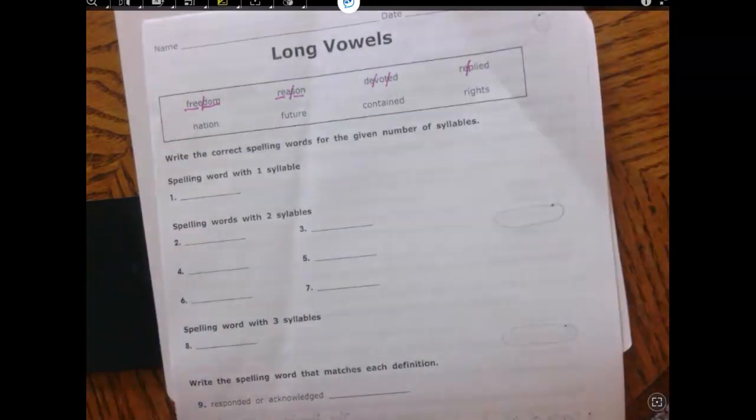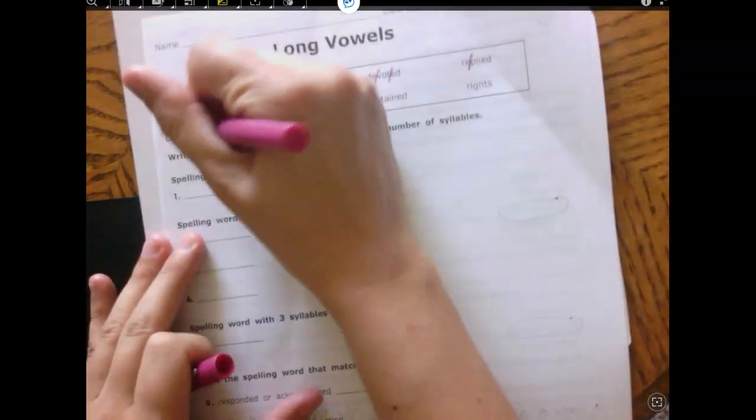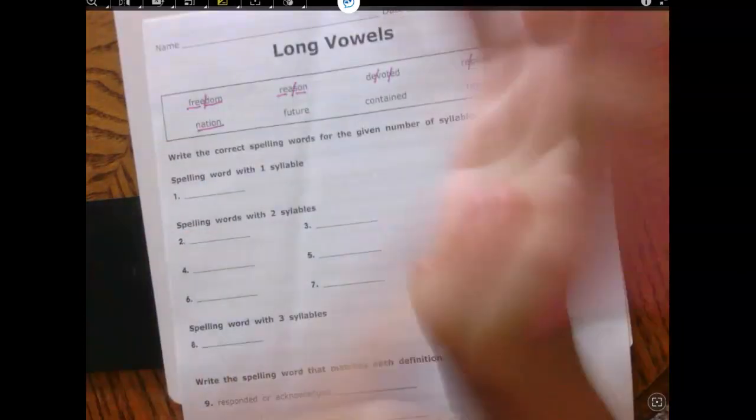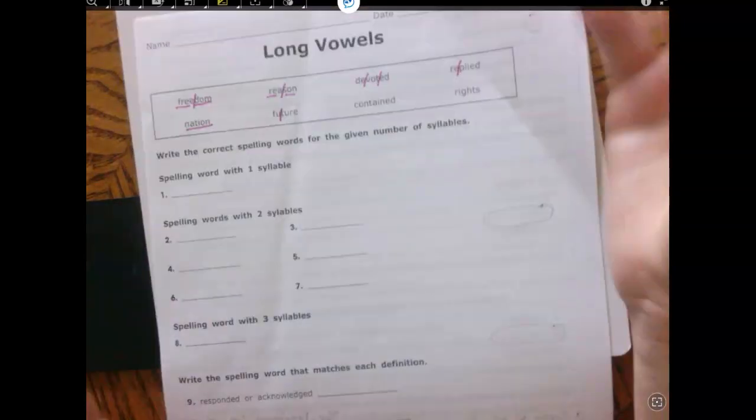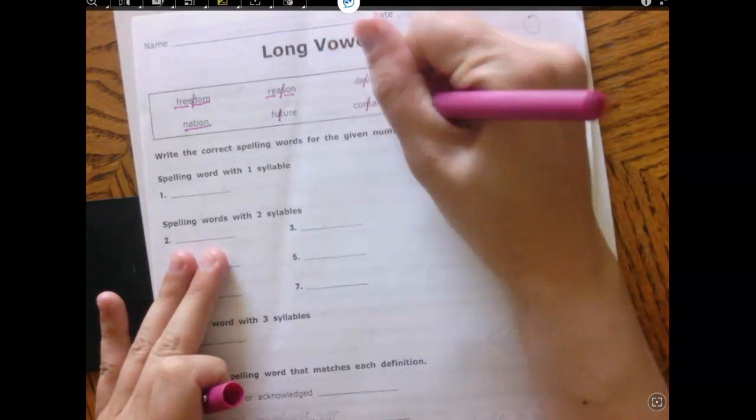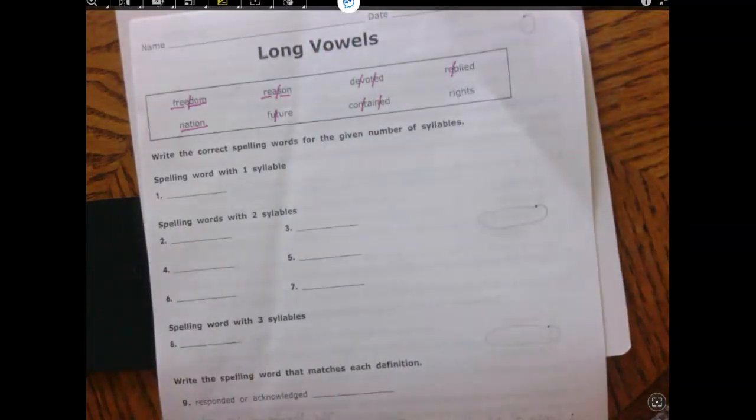Replied. Nation. Future. Contained. Rights. Nation, oh, nation, yeah, nation is 2.